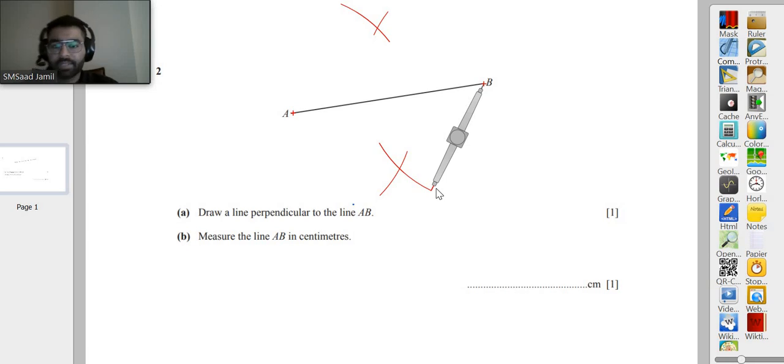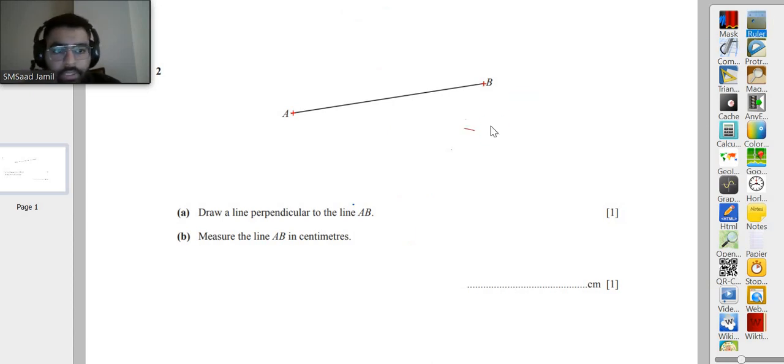Once you have made the arcs, you will use a ruler and then you will sketch a line between these 2 points. For example, I have selected, you'll come up over here, and this is how you will draw a perpendicular to the line AB.